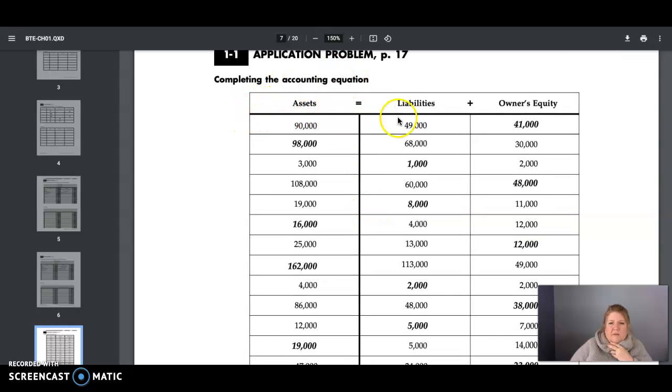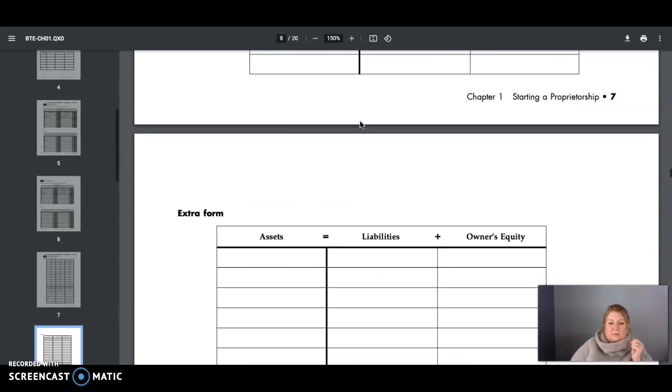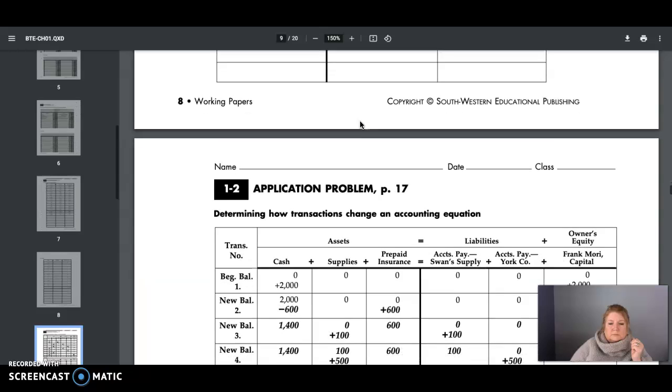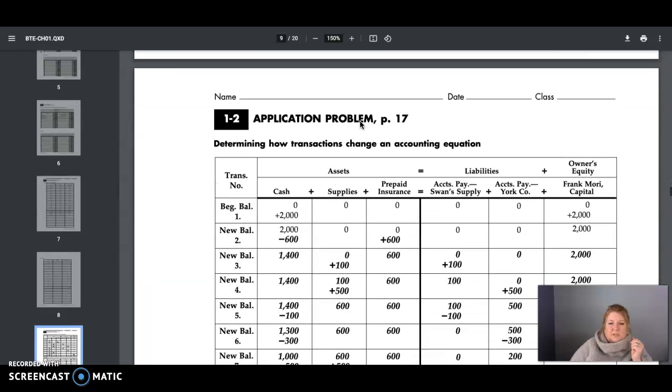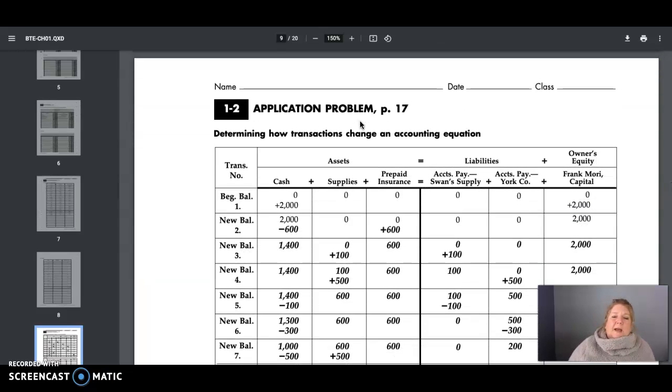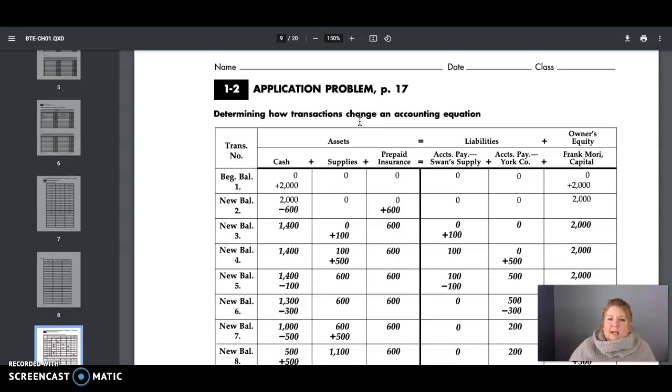You have to think of the accounting equation like a teeter-totter or a seesaw, where this side and this side have to be balanced so that nobody gets dumped off. Okay, now the kids that were in school on cohort A got to see me explain this, but I want to talk about this.